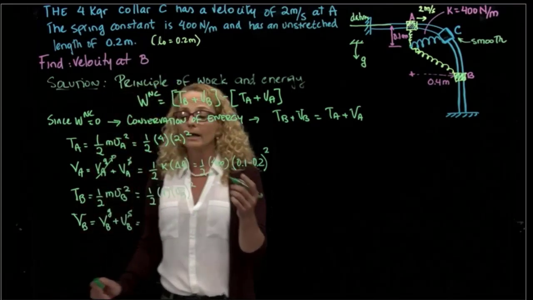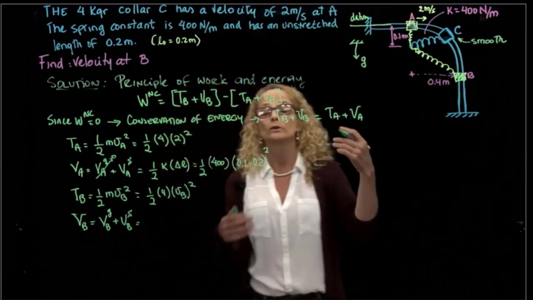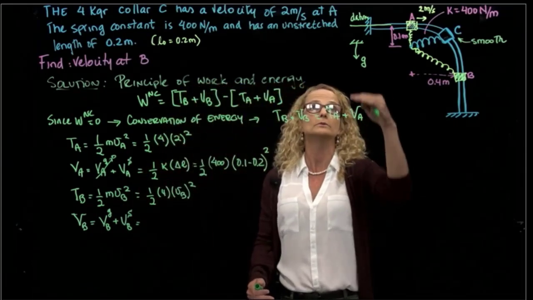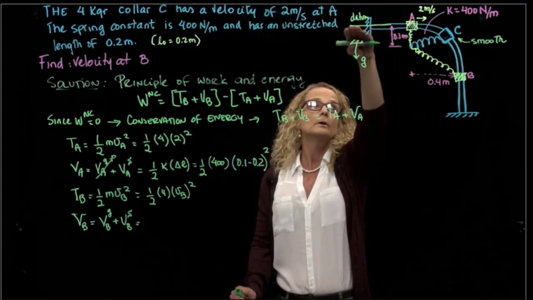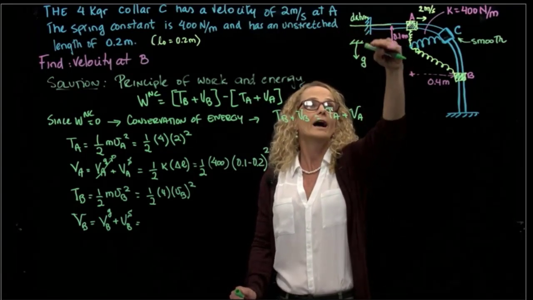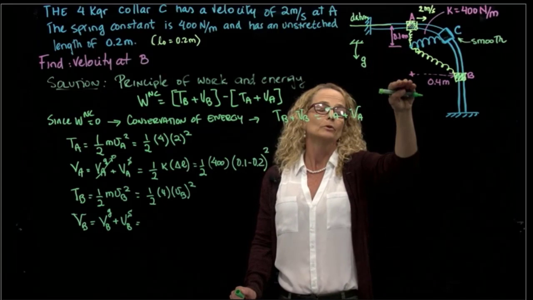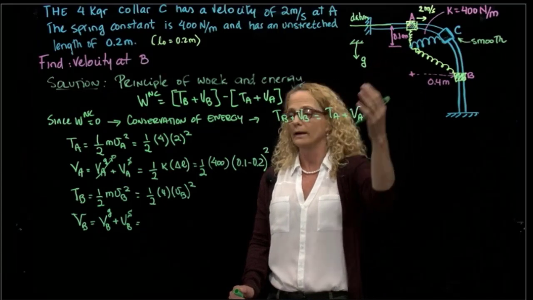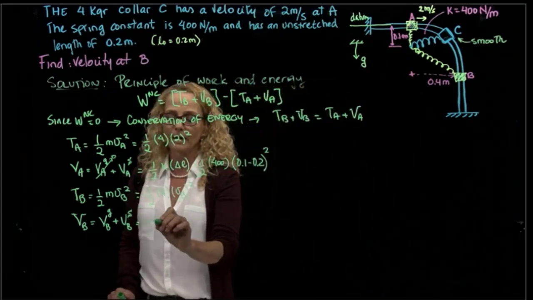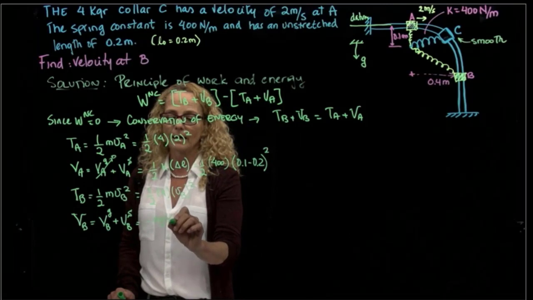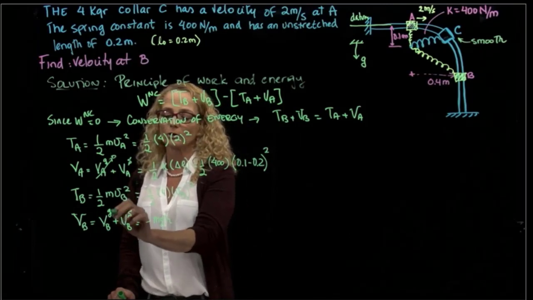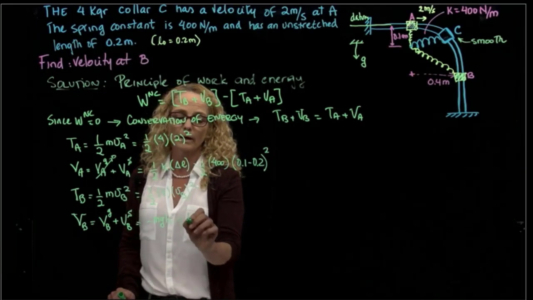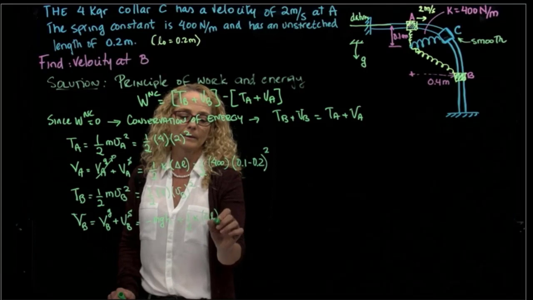The potential energy by gravity, in this case, we do have potential energy because we will use the same reference line that we put for point A. So we do have a drop in potential energy done by weight. So that will be negative mgh. This is my potential energy done by gravity plus 1/2 k delta L squared.